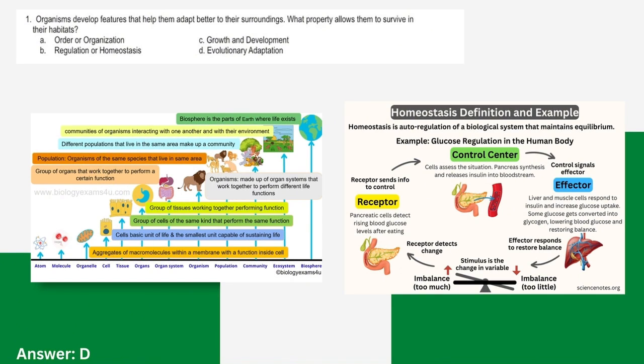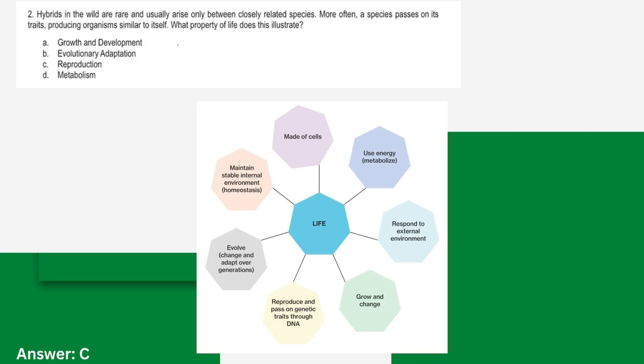Growth and development explains how the individuals will mature, but not how the species will adapt to the environment. Okay, so you can see some pictures here in the presentation. You can pause the video to check on these concepts to further understand what it is talking about. Okay, now let's go to question number 2.